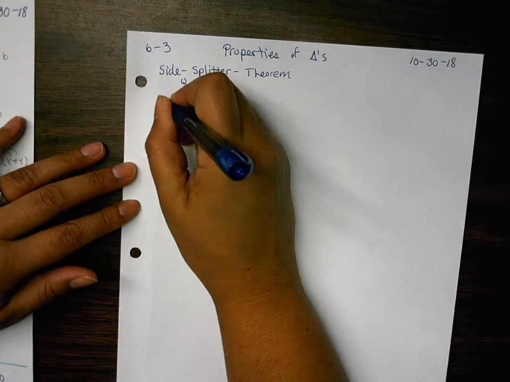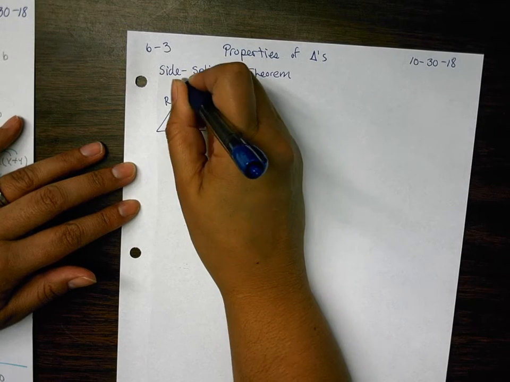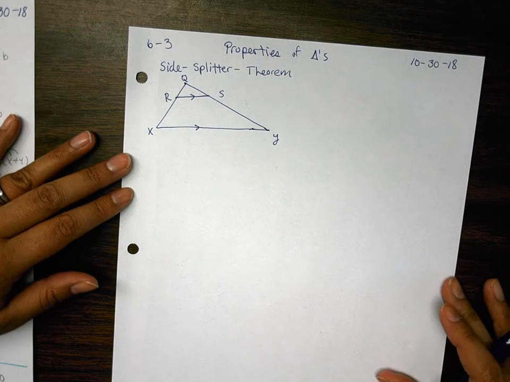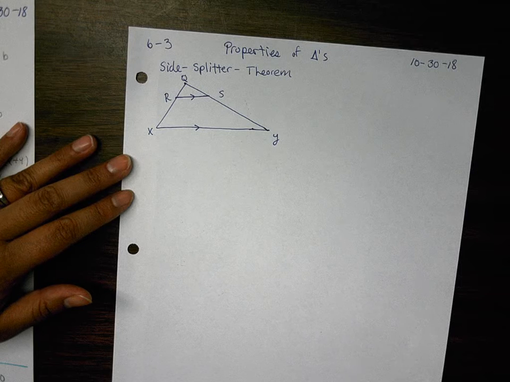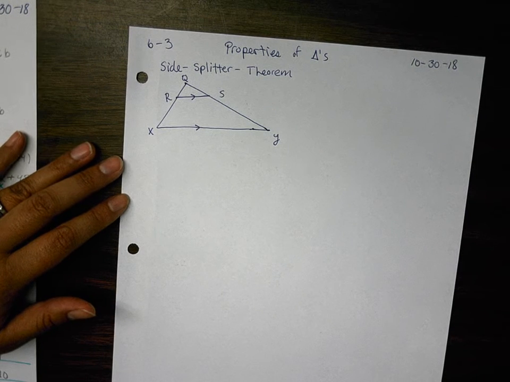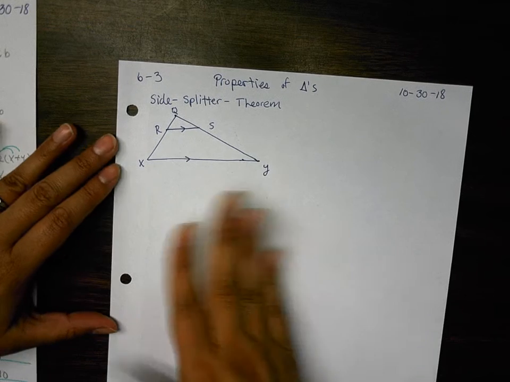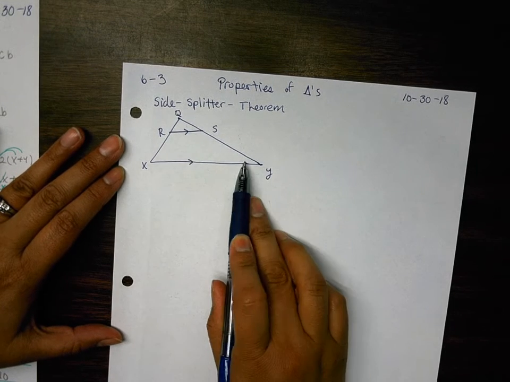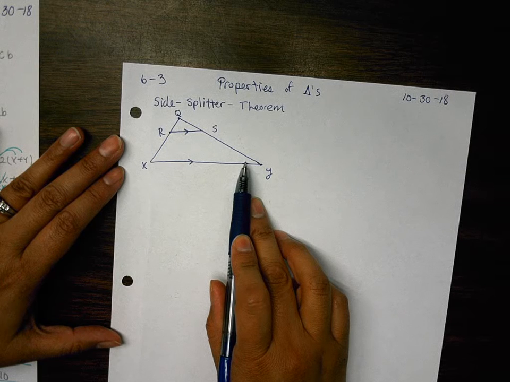This is Q, R, S, X, Y. Okay, so what it states is if you have a triangle like this with these two sides that are parallel, the side lengths are going to be proportional.